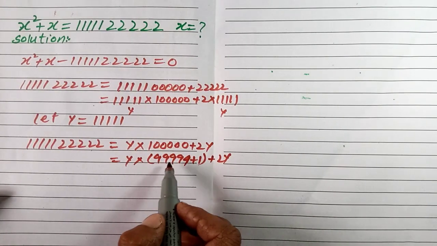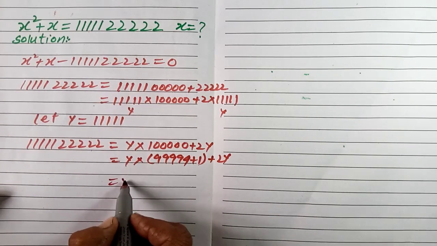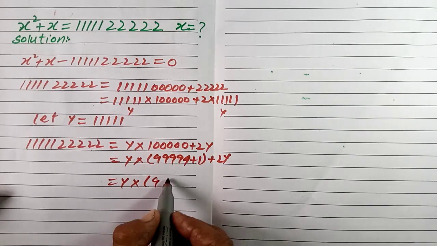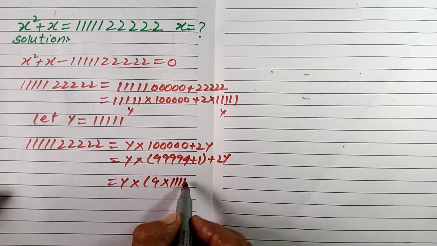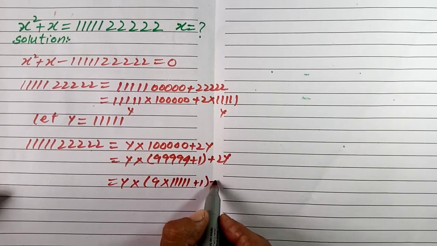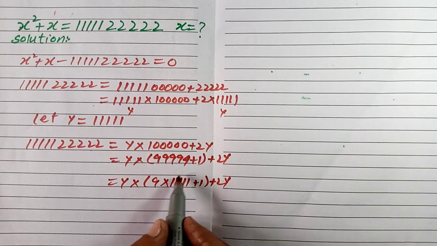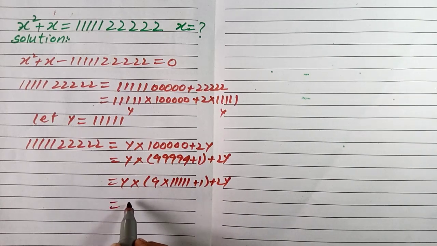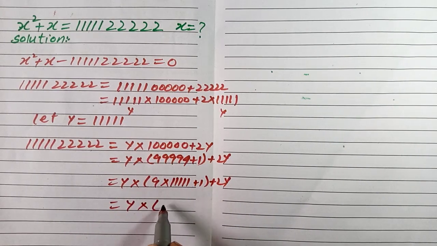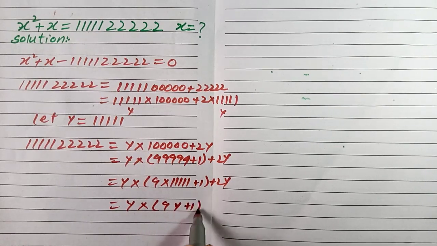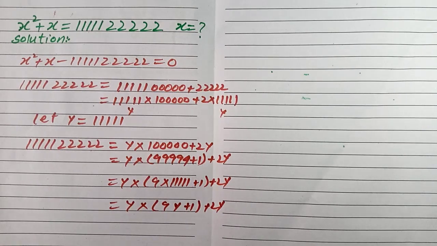So here we can also write y multiply 9 multiply 5 times 1 plus 1 plus 2y. In the place of this term we can write y, which is equivalent to y multiply 9 times y plus 1 plus 2y.